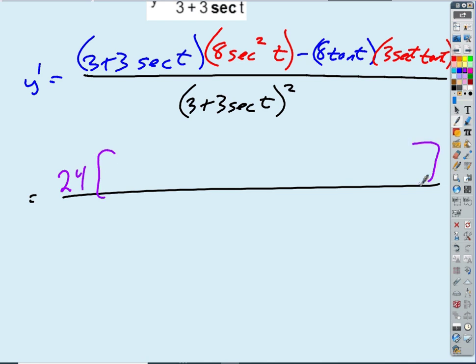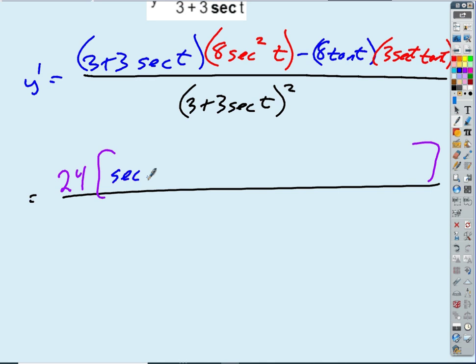And then what am I left with? Then I'm left with 1 plus secant, and I'm going to combine stuff here. If I distribute that secant squared, 1 plus secant times secant squared is going to be secant squared plus secant cubed. Am I skipping too many steps?